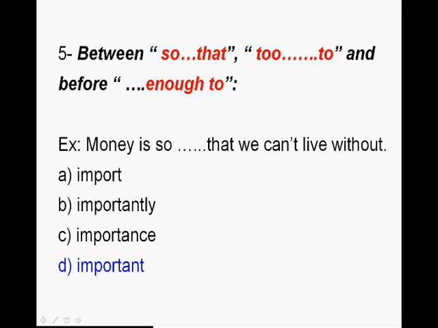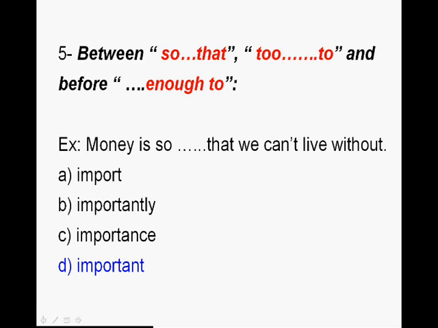So I have so that in the sentence, then I put the adjective between so and that, important. Again, I can say, money is too important to live without. Again, I have too, and I put important in the middle, okay?